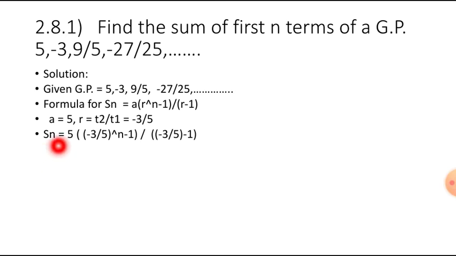Then we can apply the formula for S of n. S of n is equal to a into r power n minus 1 divided by r minus 1. So the a value is 5, and the ratio is minus 3 by 5, the whole power n, minus 1, divided by r minus 1.